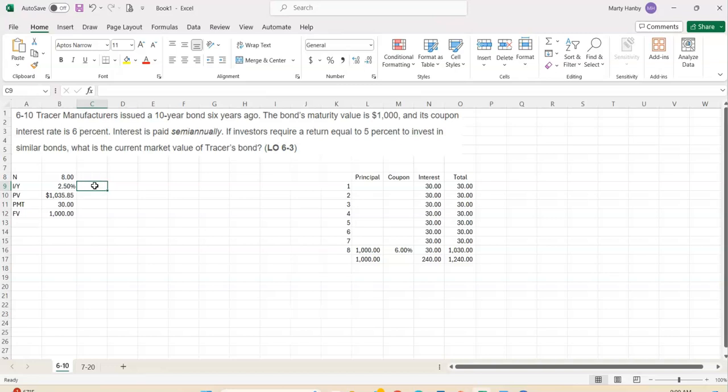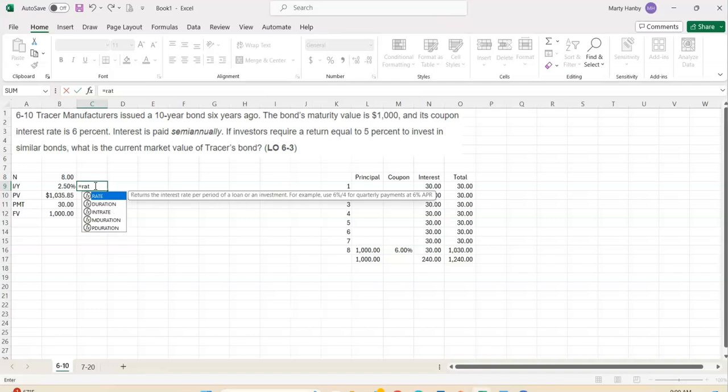Now I can use this information to calculate the yield to maturity, which I already have, and I know the yield to maturity is 5%. But if I didn't have the yield information, I'd use the rate function. My number of periods is 8.